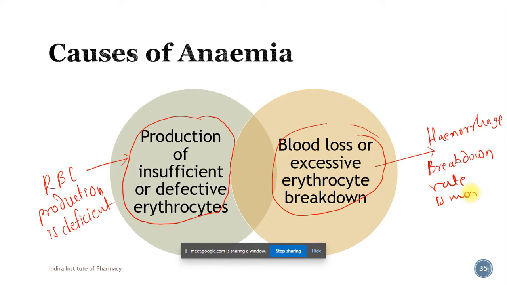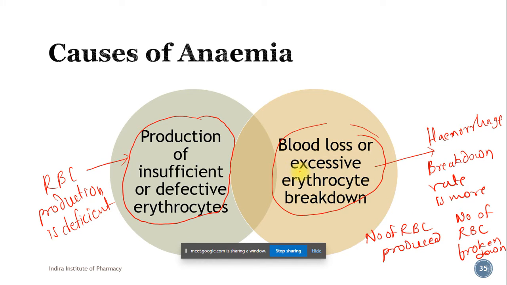That means when we compare the number of RBCs produced with the number of RBCs broken down, usually the number of RBCs produced is equivalent to the number broken down.